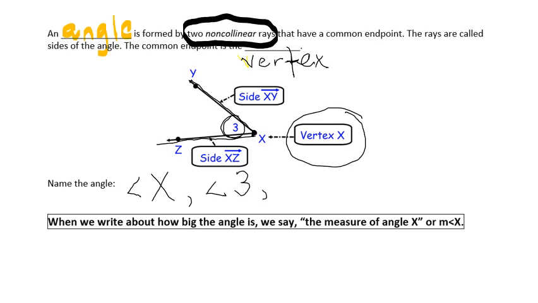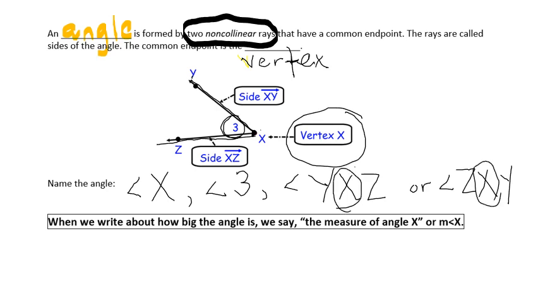Or we can name it with 3 letters. And there's 2 ways to do that here. Y, X, Z, or Z, X, Y. The vertex always has to be in the middle. So that's something to consider.